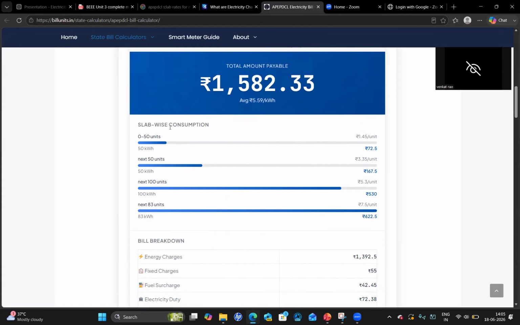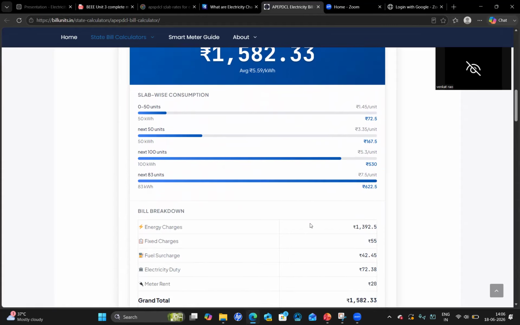Because we know that slab wise consumption, if this is 0 to 50, the first 50 units you need to multiply with 1.45 rupees, so that is equal to 72.5. Next 50 units multiplied with 3.35, next 100 units 5.3, next 83 units 7.5. So add all these, that is 1392 rupees.